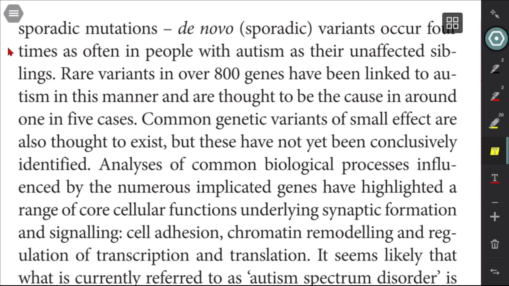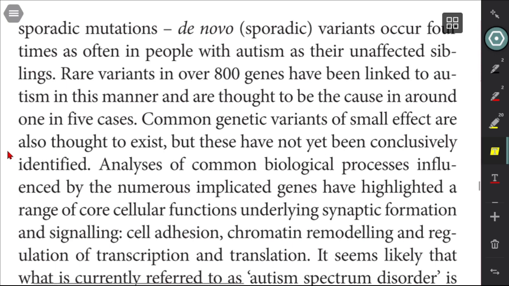Rare variants in over 800 genes have been linked to autism in this manner and are thought to be the cause in around 1 in 5 cases. Common genetic variants of small effect are also thought to exist, but these have not yet been conclusively identified.